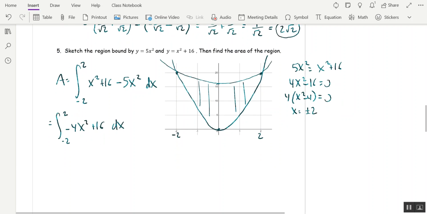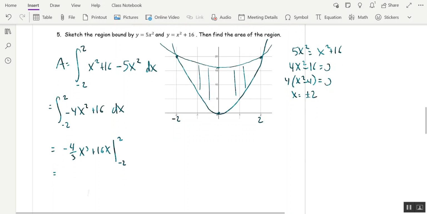All right, now I'm going to evaluate this integral, but I'll show you a quicker way in a moment. We're actually going to integrate now, so I'm dropping the integral sign and the dx. Negative 4/3 x cubed plus 16x between -2 and 2. If I put 2 in, 2 cubed is 8.